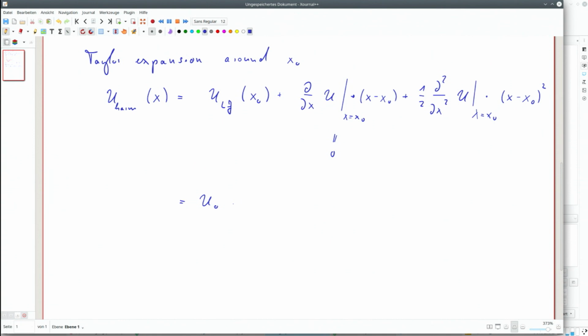Just call it 0 plus 1/2. I did it here for the Lennard-Jones potential. If you do it, you get for the second derivative a strange number.